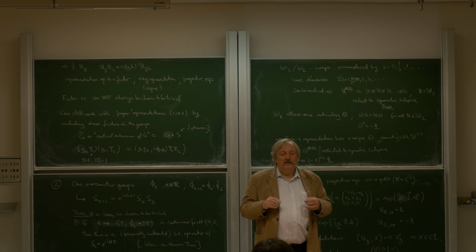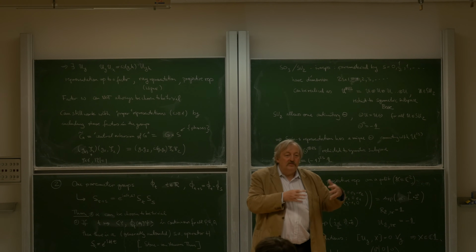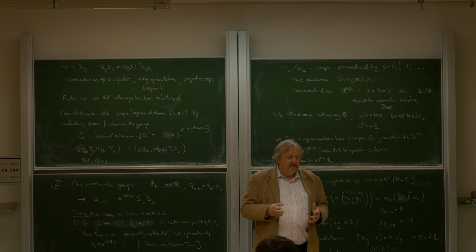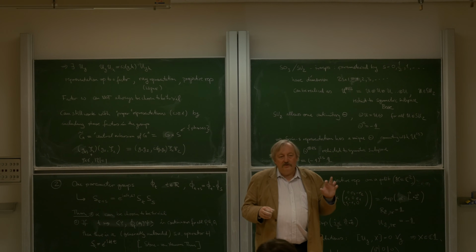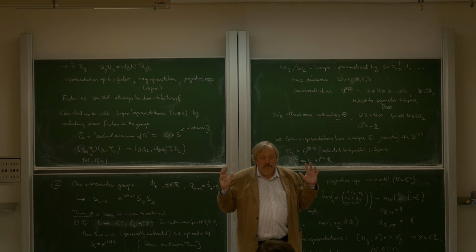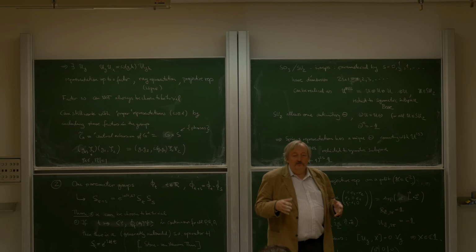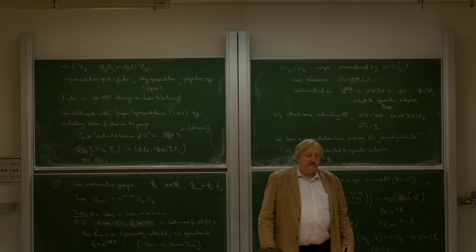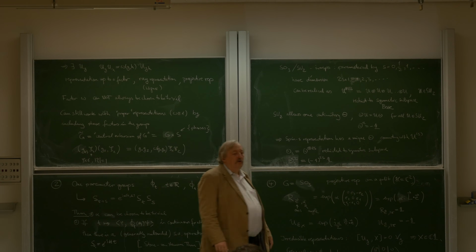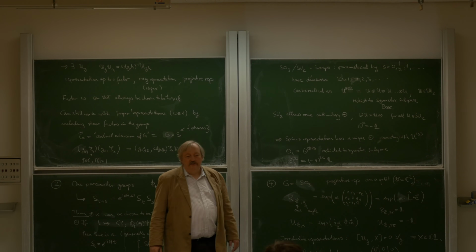That means that you can split your Hilbert space into a real and an imaginary part in a consistent way. So you can choose your representation matrices real. This will happen in odd dimensions, and 2S plus 1 is then odd. So in 3 dimensions, our ordinary rotation group is the spin 1 representation. There we can choose the matrices real. And this will be true for all odd dimensional representations, that is integer spin.